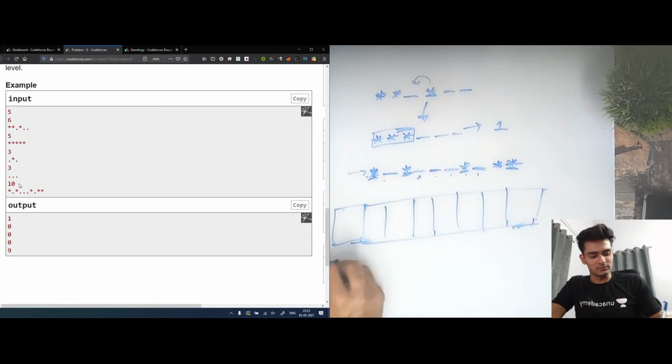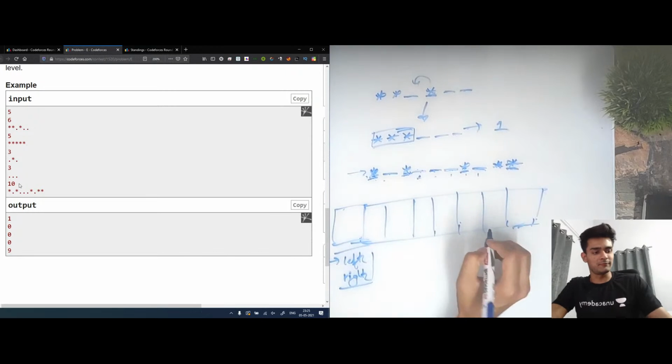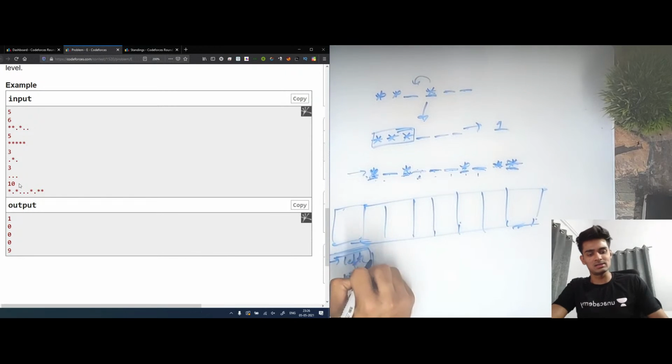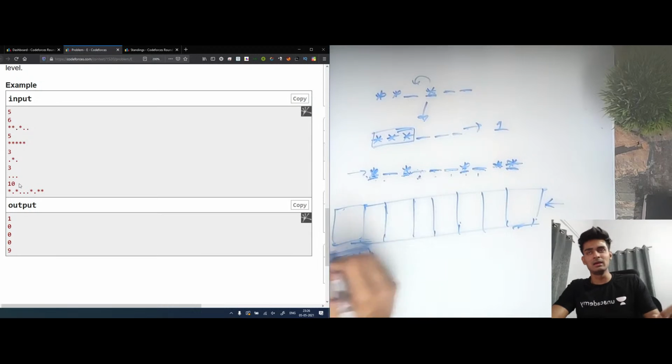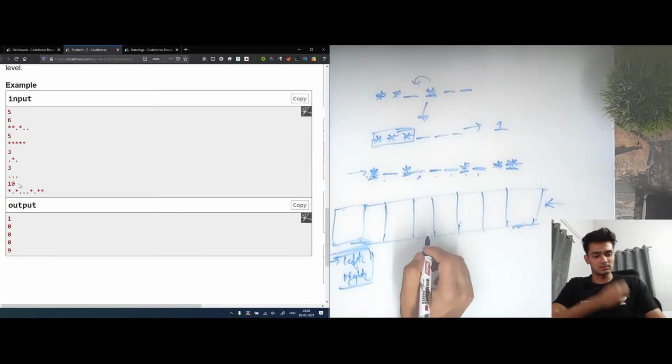What we need to do is have a left array for this and a right array. This is a pretty standard problem. If you see once how this is done, you'll be able to do any problems which are similar to this or are variations of this, because many variations of this problem exist.